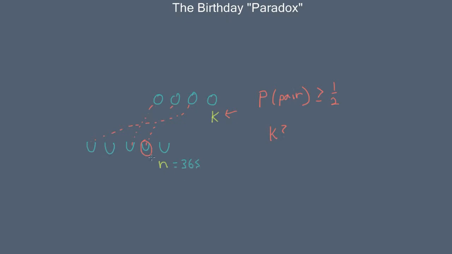The bins represent days of the year, and the balls are people, and we imagine people being randomly assigned to days of the year. And so we want to know how many people, how many balls until a pairing occurs where two balls end up randomly in the same bin.